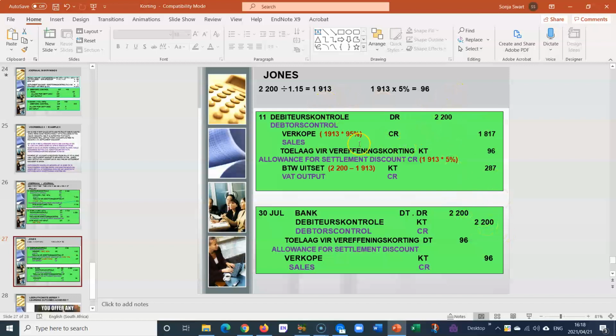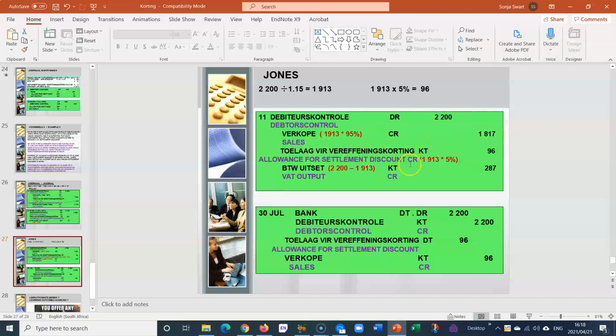But in our books, we sit with this allowance account which is no longer valid. And we sit with a sales account which was only equal to 95% of the VAT exclusive amount. If he paid 100% of the VAT exclusive amount, then our sales should have been 100% of the VAT exclusive amount. So clearly our sales account is understated with 96 Rand.